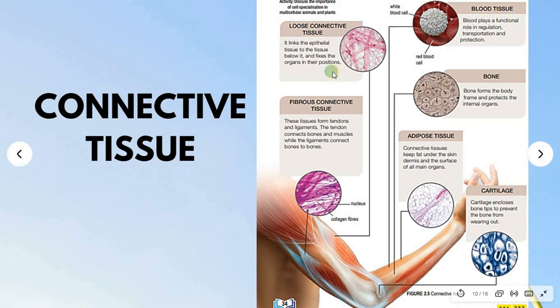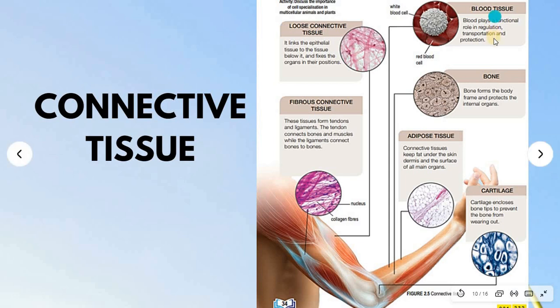Then fibrous connective tissue forms the tendons and ligaments. Tendons connect bone to muscle, while ligaments connect bone to bone. Tendon and ligament are examples of fibrous connective tissue.